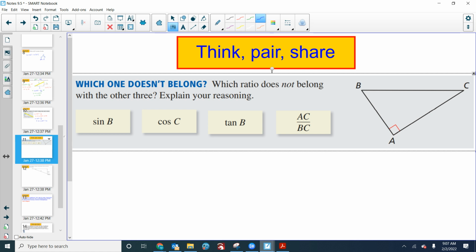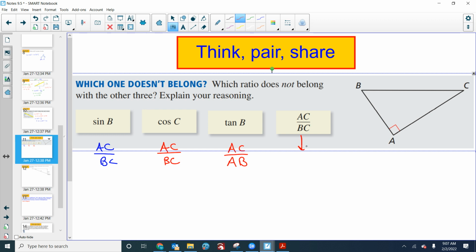The cosine, sine, and then the AC over BC are all using the hypotenuse except for the tangent. Yeah, see that? That's pretty cool. Oh, it's tan. Then why did you look like you were listening? That's kind of mean. You literally made me waste words.